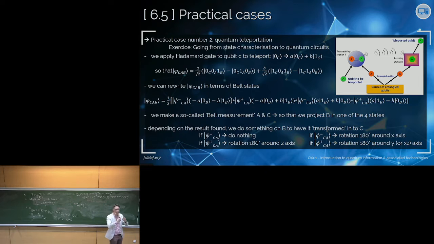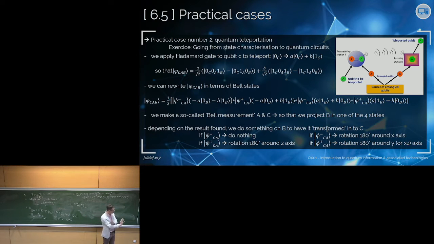So what I'm going to do now is entangle, so to speak, or at least jointly associate C and A together. But as A and B are linked together, that means C, A, and B are linked together.